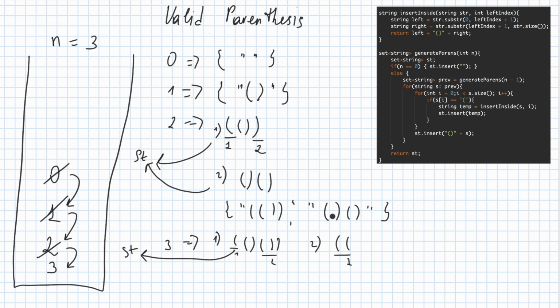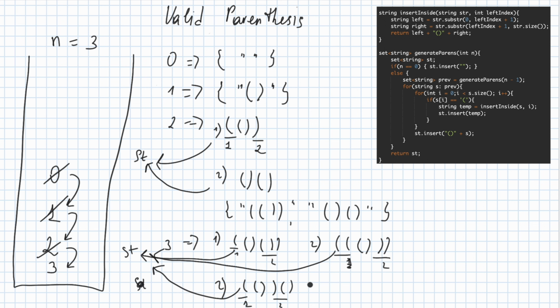So we take the first part, we call insertInside, and we split this string into two parts, and we insert one valid combination in between the first and second parts, and this is inserted into the set. We are done with the first string in our previous set, and we consider the second string. In the second string, the first character is an open parenthesis, so we split this string into two parts, and we insert a new combination in between the first and second parts.